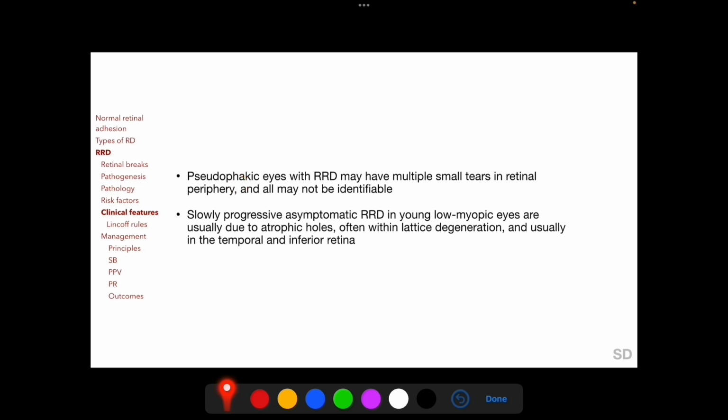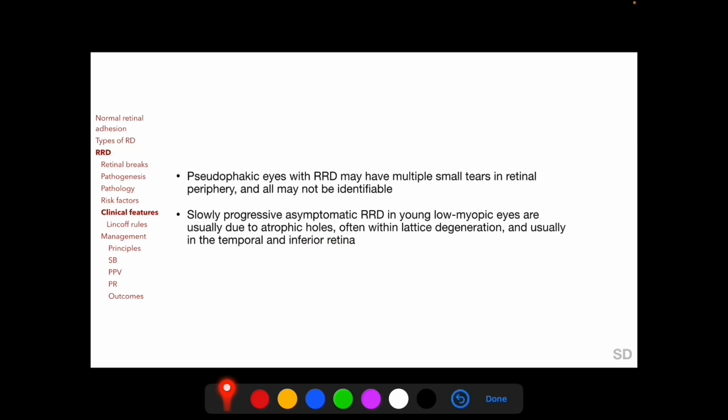Pseudophakic eyes with RRD may have multiple small tears in retinal periphery, and all of these retinal tears may not be identifiable during indirect ophthalmoscopy, and slowly progressive asymptomatic RRD in young low myopic eyes are usually due to atrophic round holes, often within lattice degenerations, and these atrophic holes usually are found in the temporal and inferior retina.